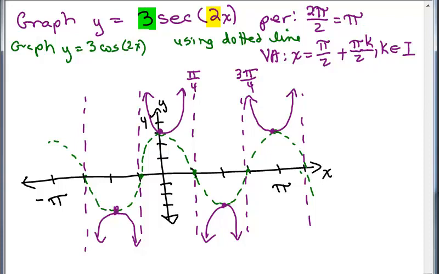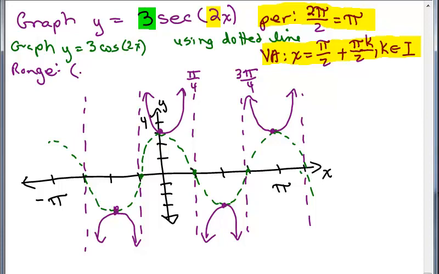So we have the period. So the period is pi. The vertical asymptotes can be written this way. And then the last thing we want to do is the range.